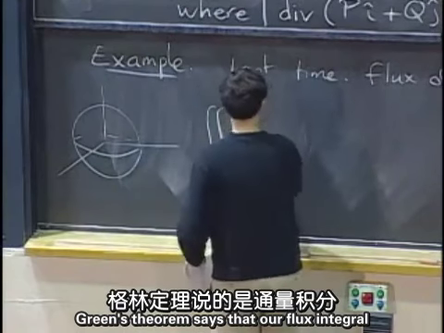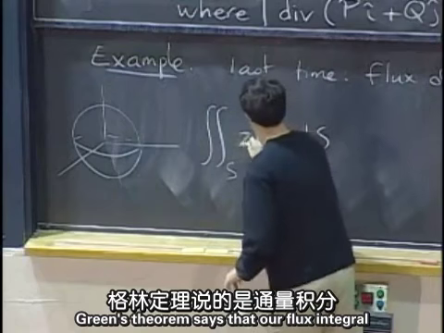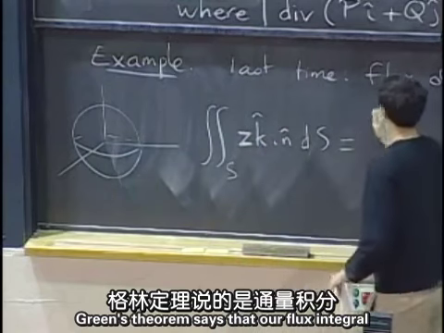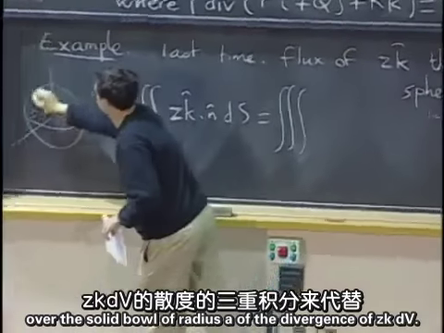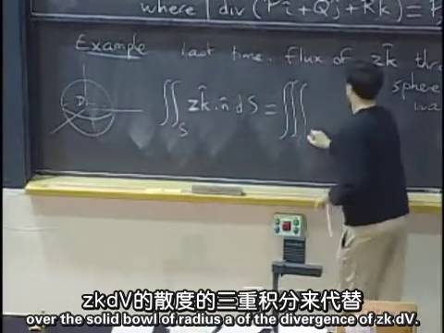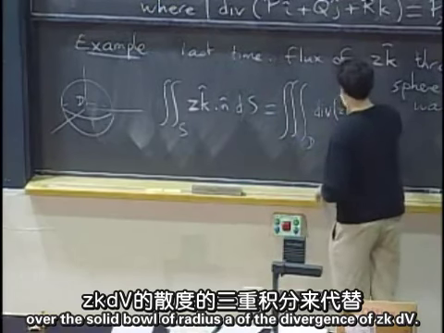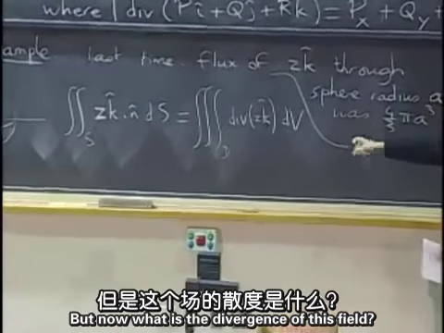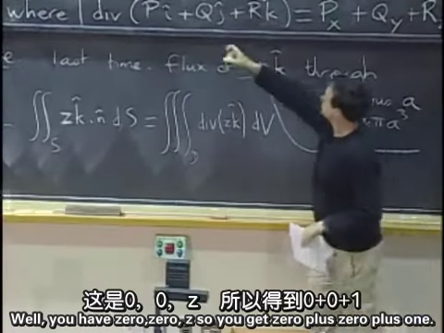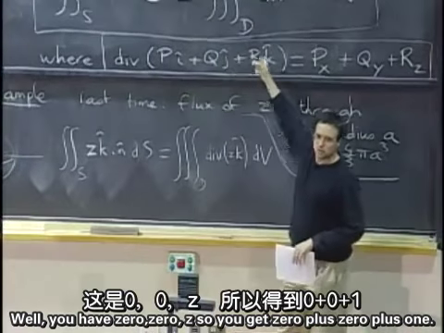The divergence theorem says that our flux integral can be replaced by the triple integral over the solid ball of radius a of the divergence of zk dV. But now, what's the divergence of this field? Well, you have 0, 0, z, so you get 0 plus 0 plus 1.